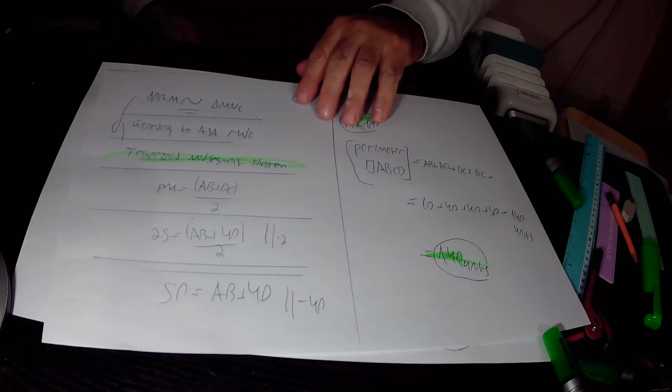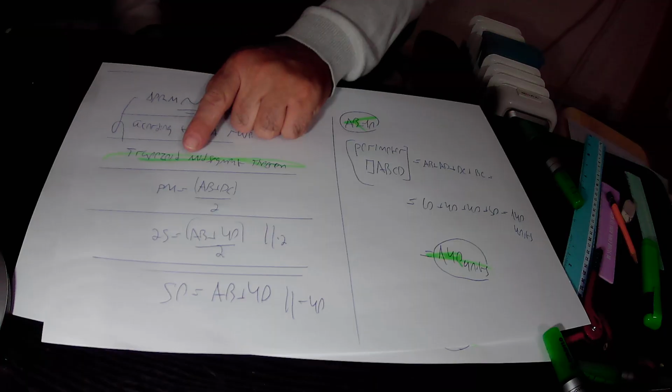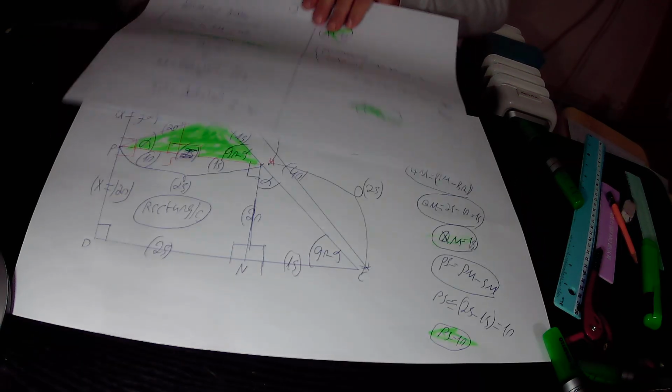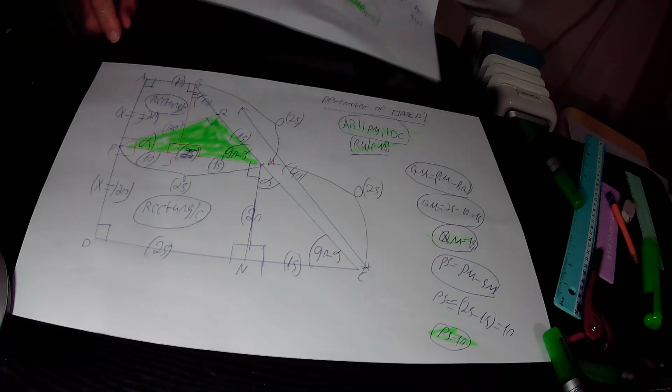AB is the missing side, so we leave it as it is, plus DC.